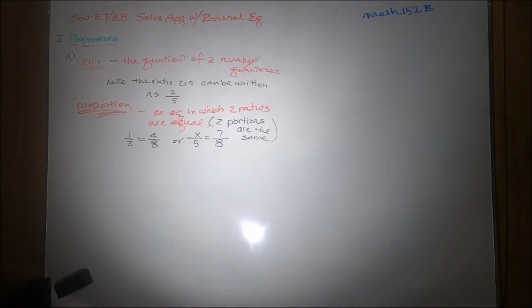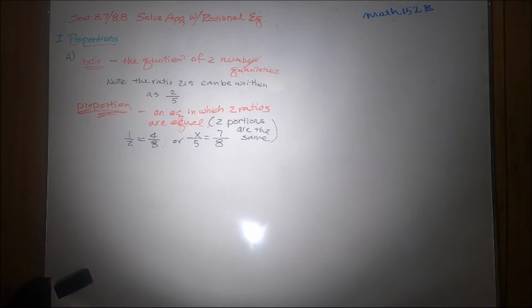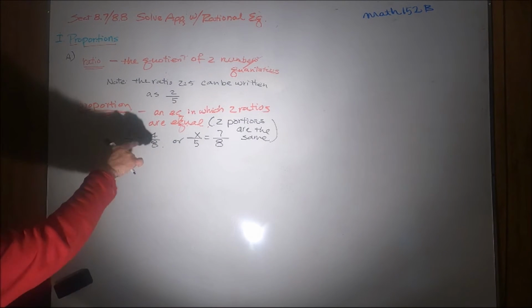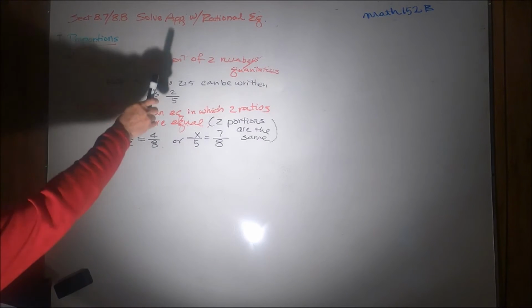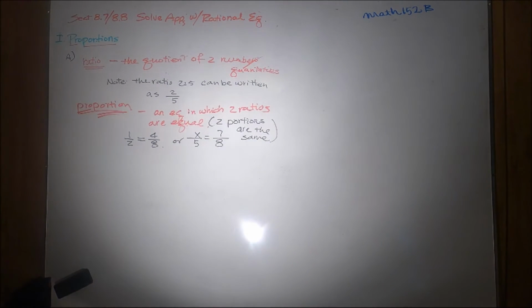Same means equal sign, right? Two portions are the same, then we call it what? The proportion. So it's a fraction thing, right? We are going to do rational equations.